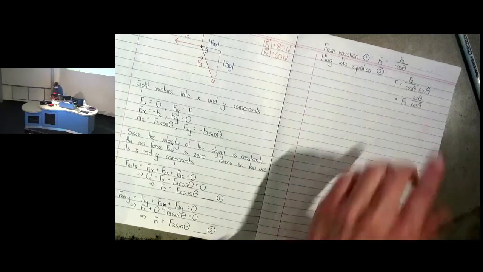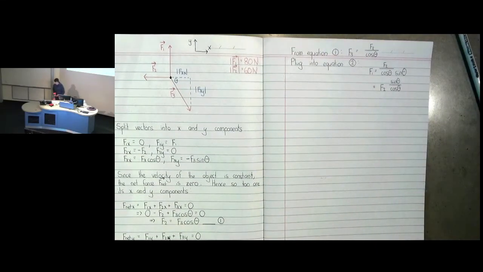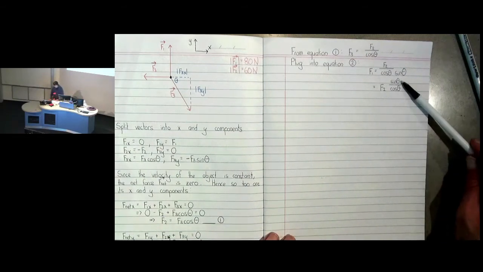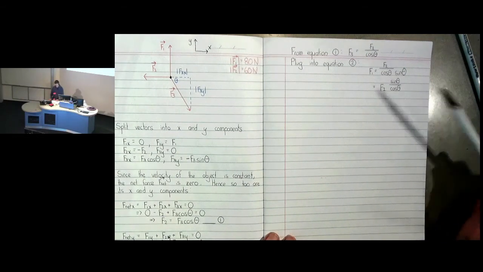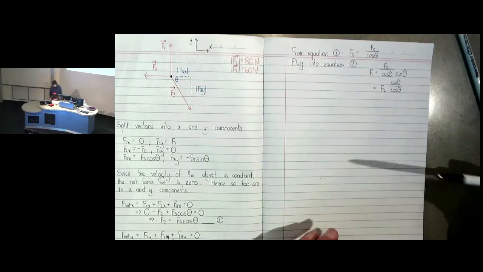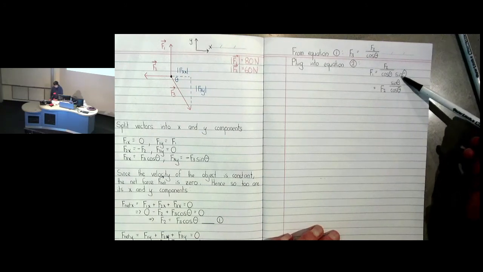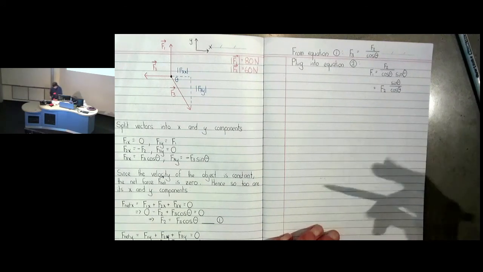Now if we have a look on the formula sheet, or indeed at the back of the textbook, one of the things that we'll come across is the fact that sine theta divided by cos theta is equal to tan theta, which is very handy in this case because that will allow us to write these two trig functions in terms of one. So instead of having two thetas, we'll have only one theta.